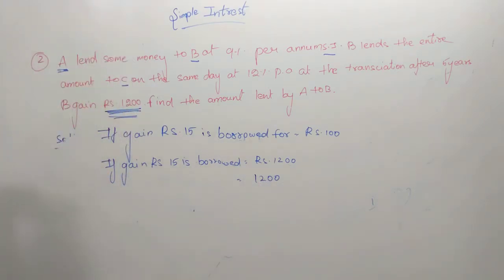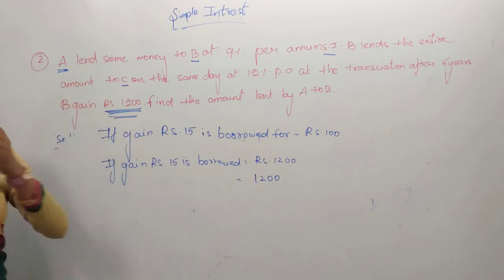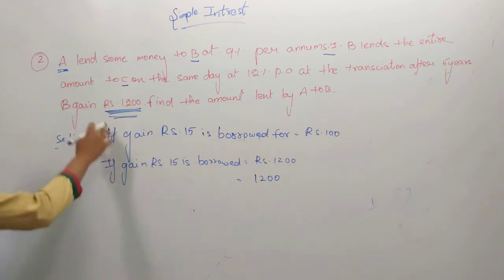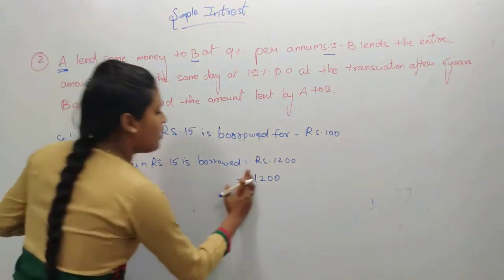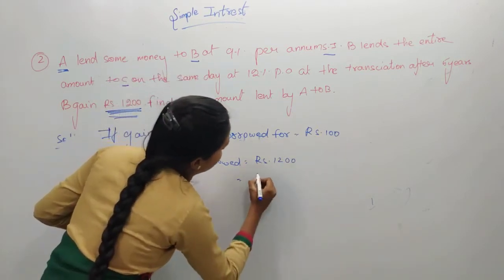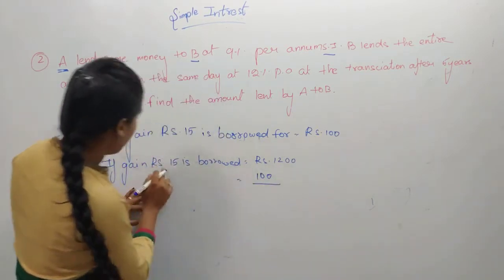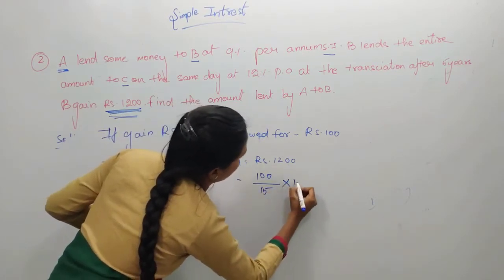In the question, the total gain is given. B gained how much? Rupees 1200. So we have to do rupees 100 into 1200 by 15.